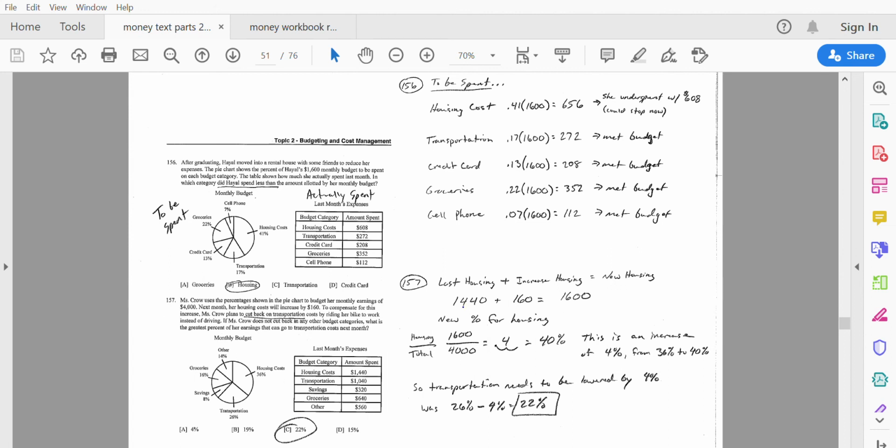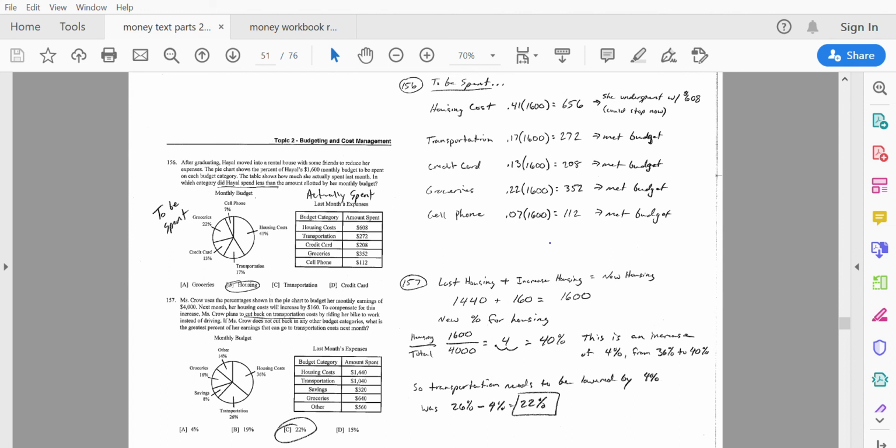So the first thing I did was it says that her cost was going to increase by 160. Okay, so her cost was this, 1,440. It's going to increase by $160. So it's now going to be $1,600.